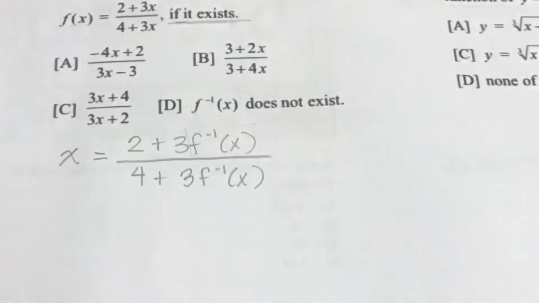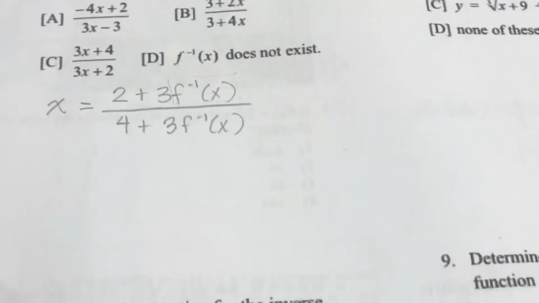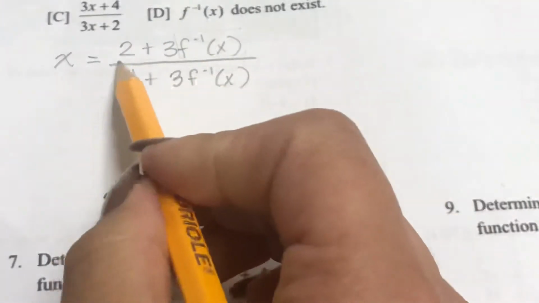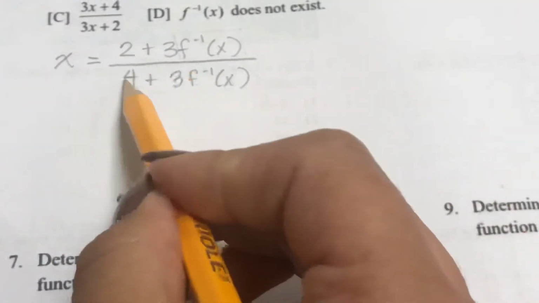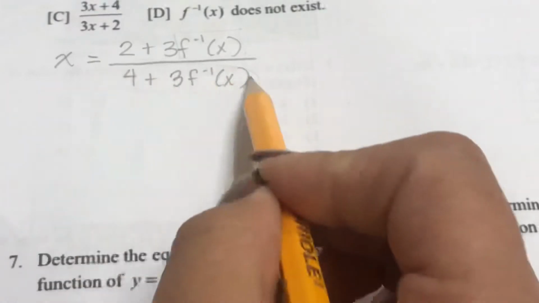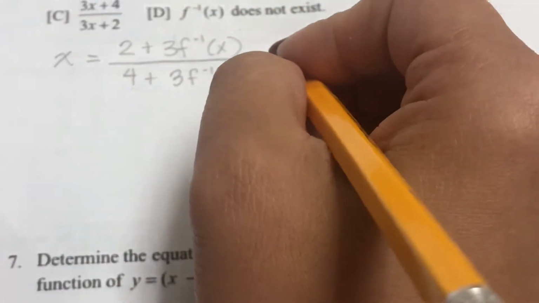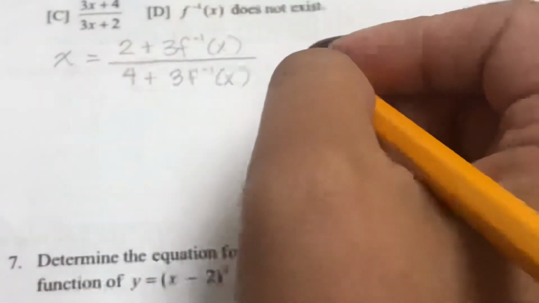So, manipulation of the equation and keeping track of everything. I have here divided by this entire statement. I want to get rid of this denominator by multiplying it on both sides. I know when I multiply 4 plus 3 f inverse of x on the right side, it's gonna cancel out the denominator, but I got to do it on the left side as well.